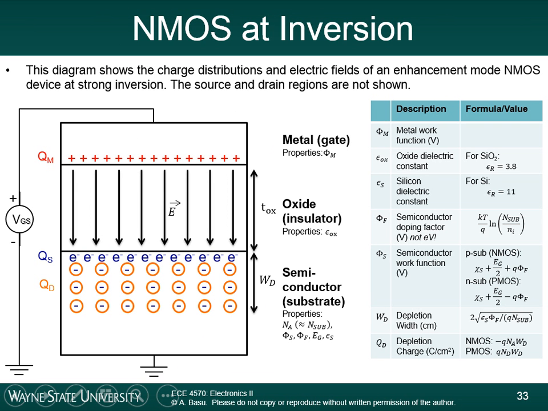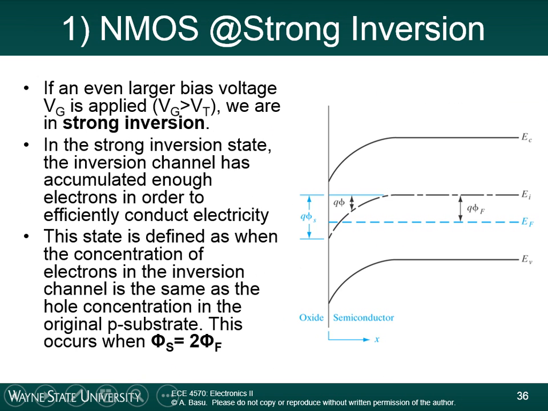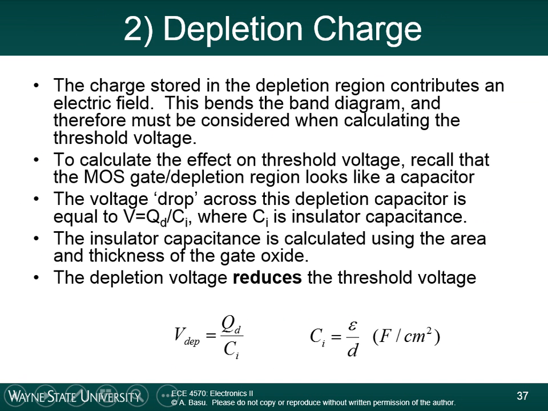So the depletion charge will actually increase as a function of doping. All right, so the depletion charge is equal to QD over CI. This QD will be negative in the case of an NMOS device, and it'll be positive in the case of a PMOS device.